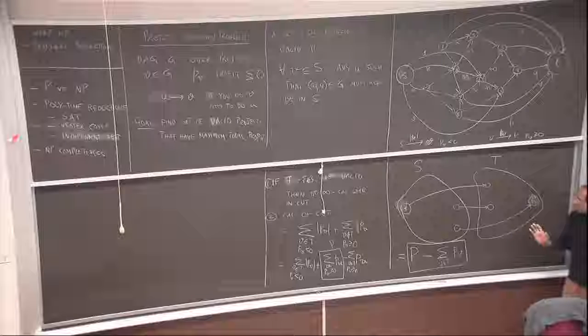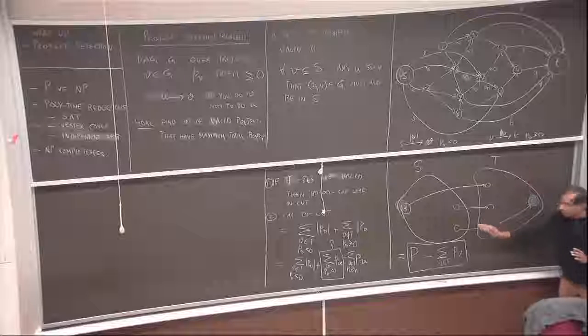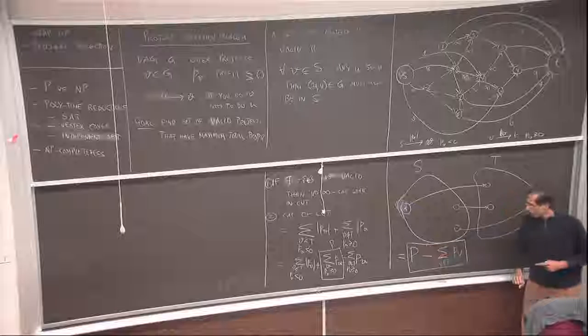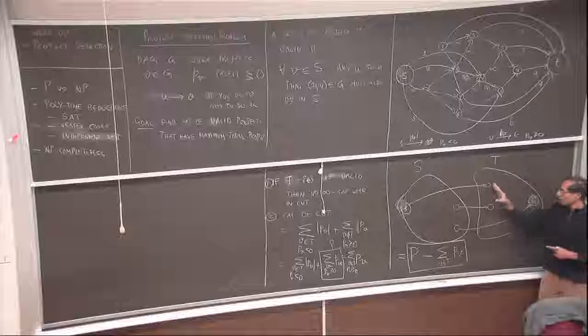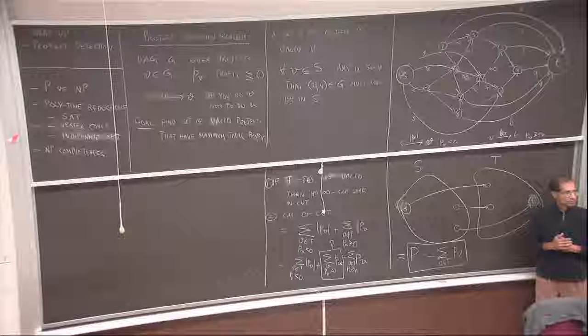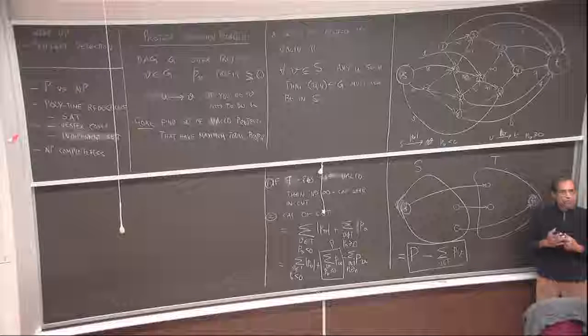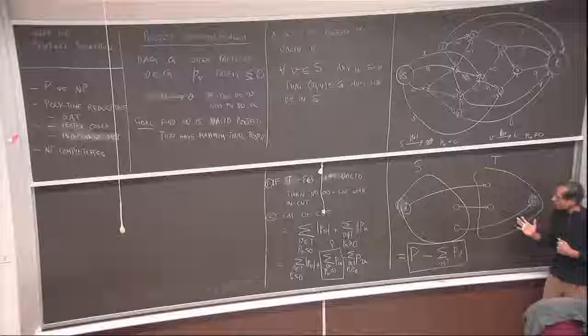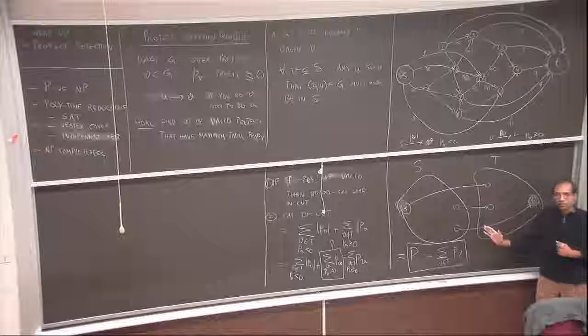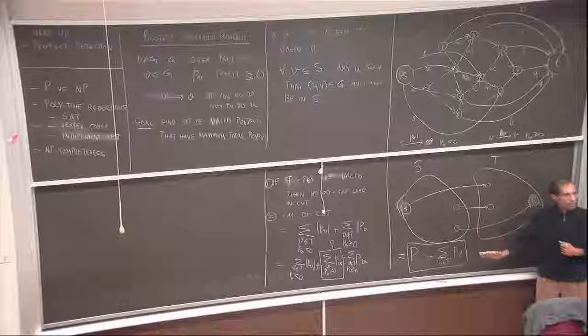So here is the remarkable thing. The capacity of this cut is exactly equal to some fixed quantity minus the profit this whole set is giving you. What does that mean? If you want to maximize the profit, what do you want to do for the cut? Minimize the capacity of the cut.